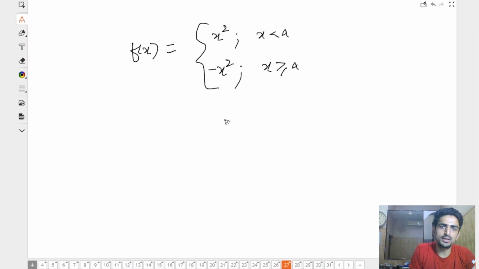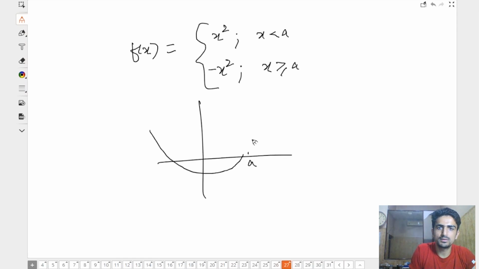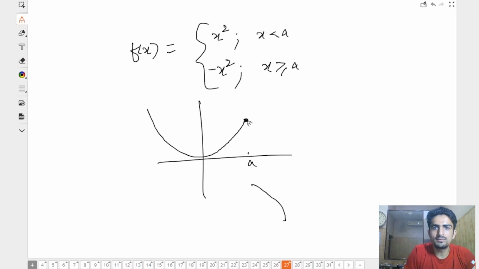Basically what we use is that, say this is any function. It is x square for x less than a and minus a square for the other side. This is how the graph looks like. Now what we do is, we do not see the derivative at a.